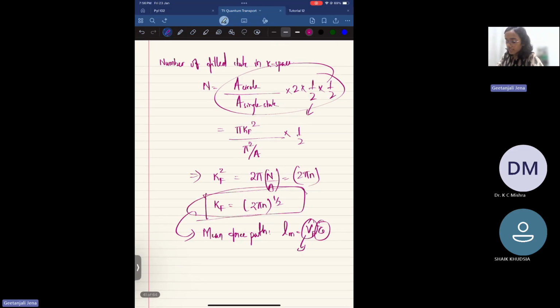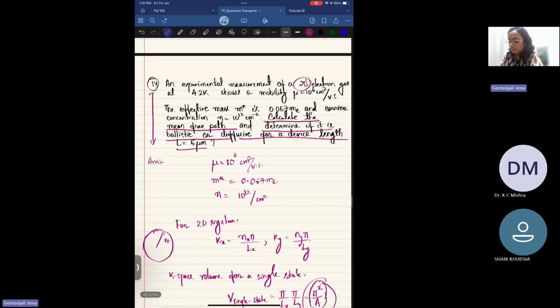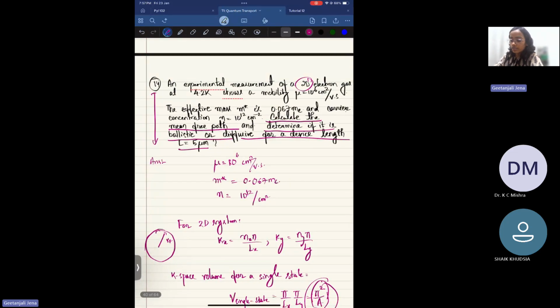As I have already given kf, I want you to calculate Lm and whether the transport is ballistic or diffusive. I'm giving you this as a homework problem. Just write down the question and let me know the answer in the next live session.